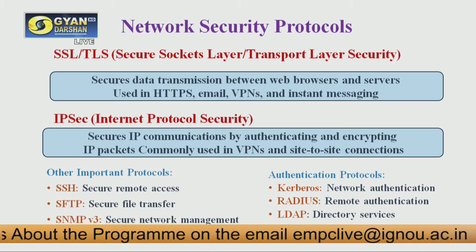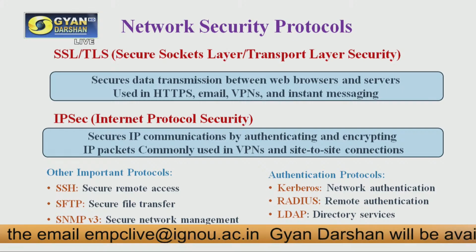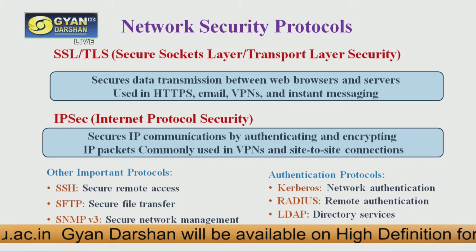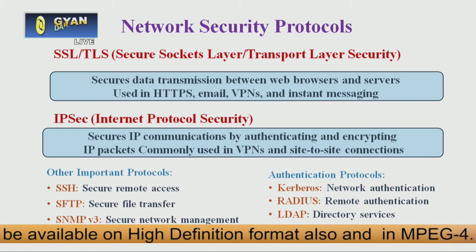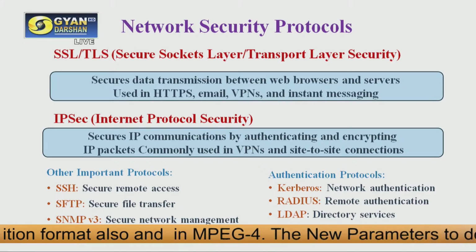SNMP v3 is network management protocol version 3 for secure management of network devices. Some authentication protocols are Kerberos, for network authentication, Radius, for remote authentication, and LDAP for directory services like user databases.